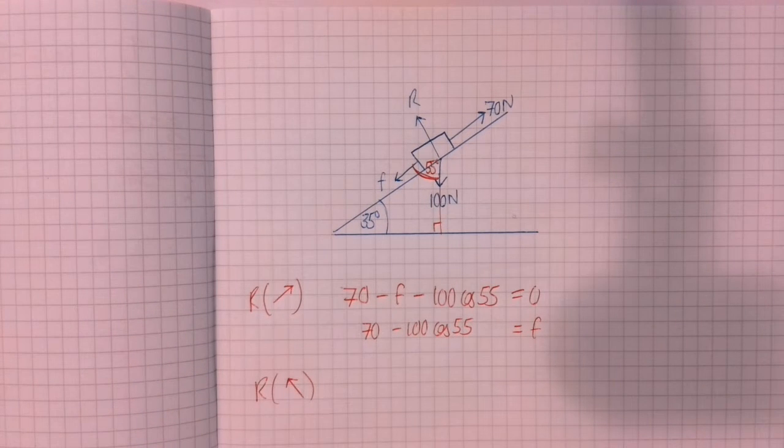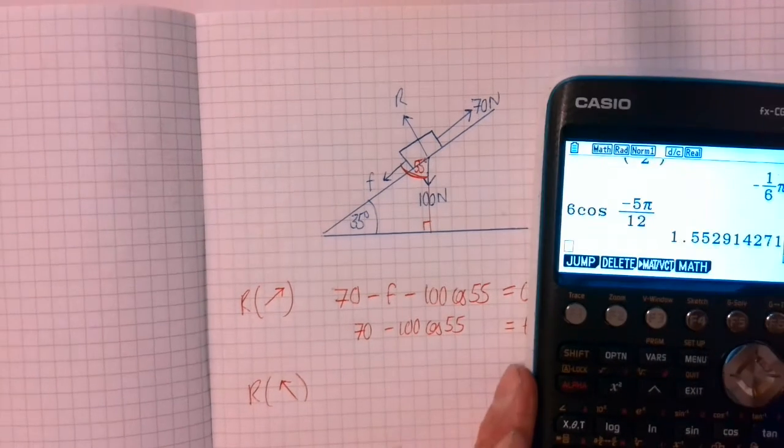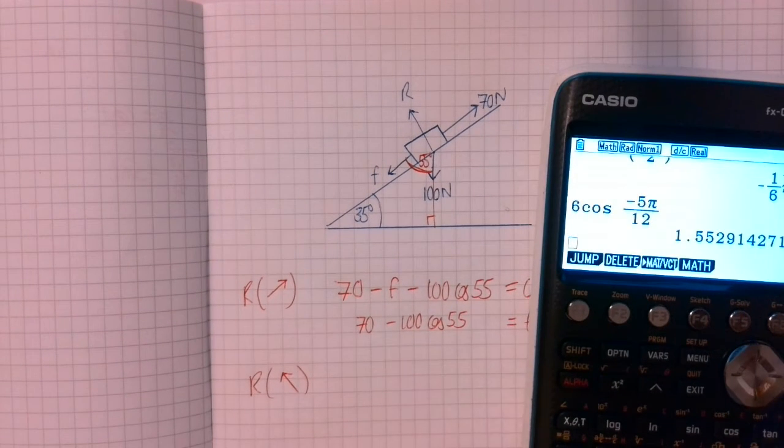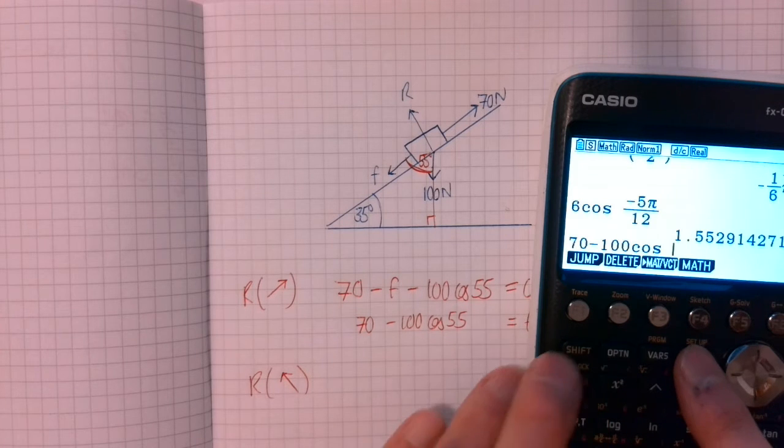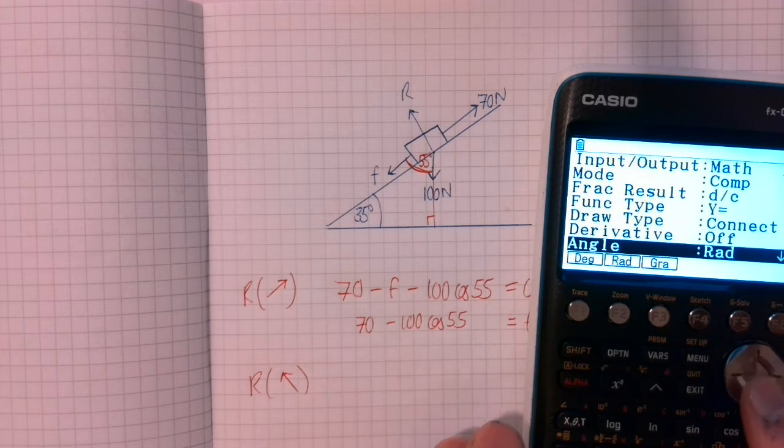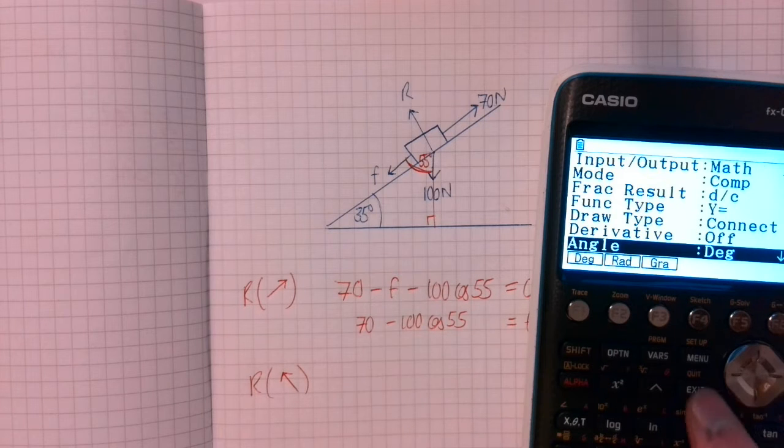Just reaching for my calculator. So I've got 70 minus 100 cos 55. I've just realised I'm in radians, I need to be in degrees, so shift set up. There we go.